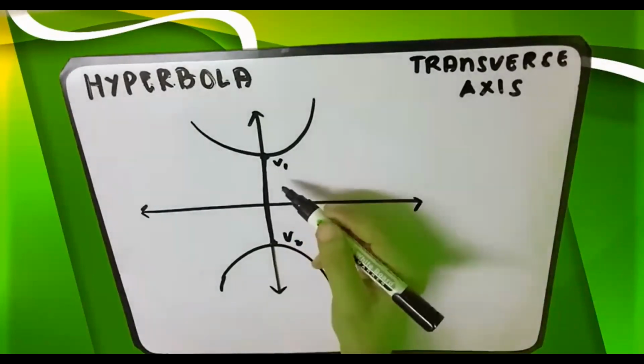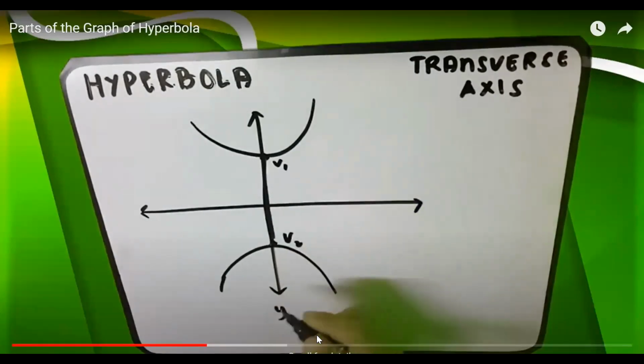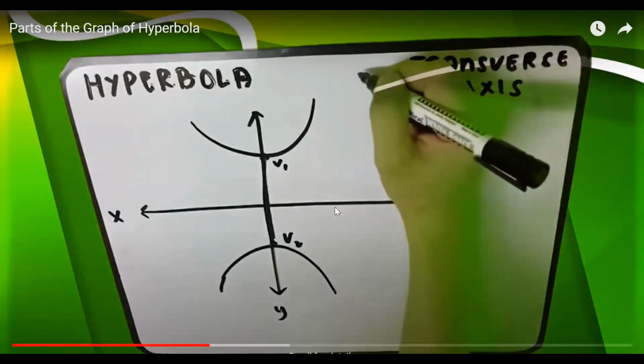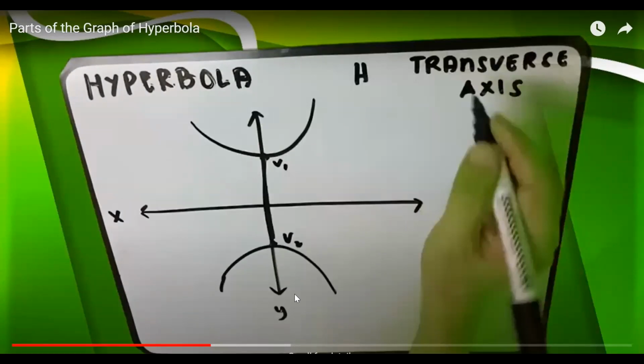Kung ang transverse axis ay nasa y-axis, so that is horizontal. So ayan, sa part na yan, baka medyo maguluhan kayo. So if the transverse axis lies in y-axis, therefore that is a vertical transverse axis.